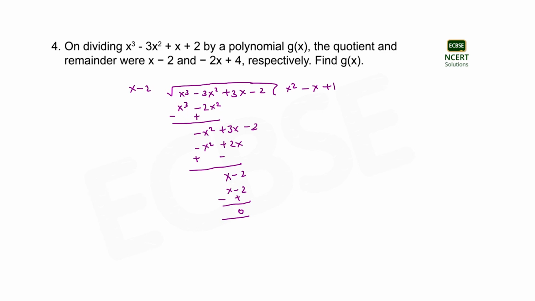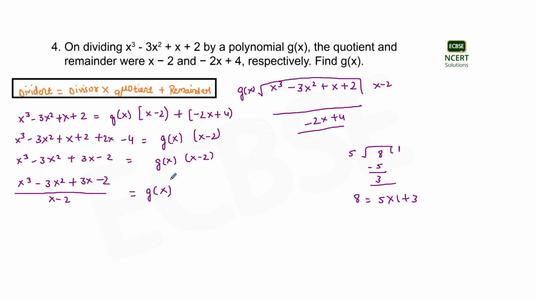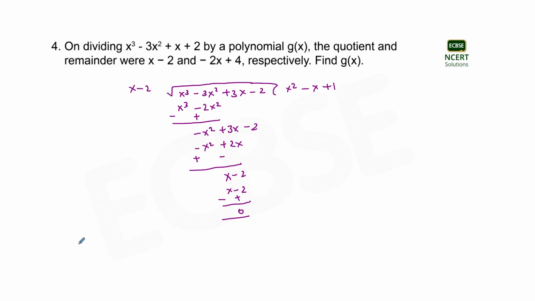And as we know, g(x) was equal to the dividend, which is this polynomial, divided by the divisor, which is x - 2. So here we can write g(x) will be equal to x^2 - x + 1.